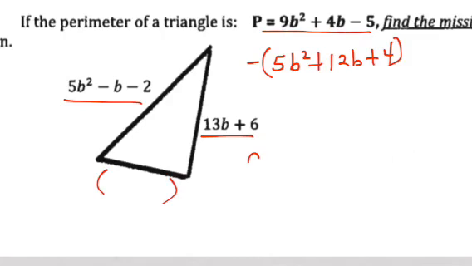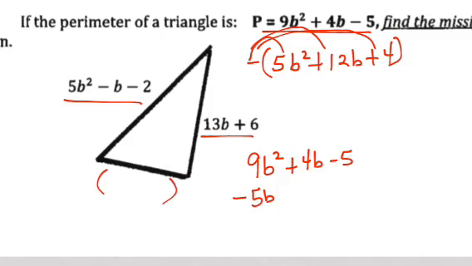So let's put those in a cleaner format here. When we distribute this negative inside, we get minus 5b squared, minus 12b, minus 4.